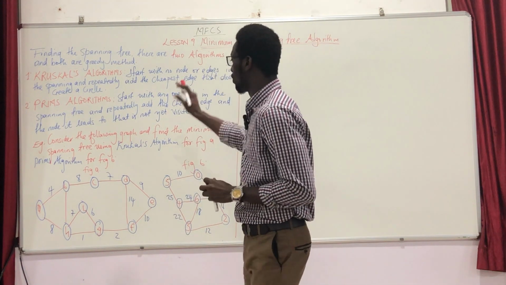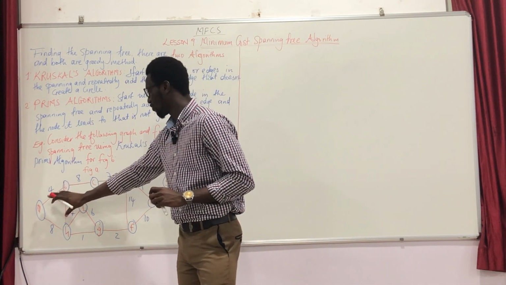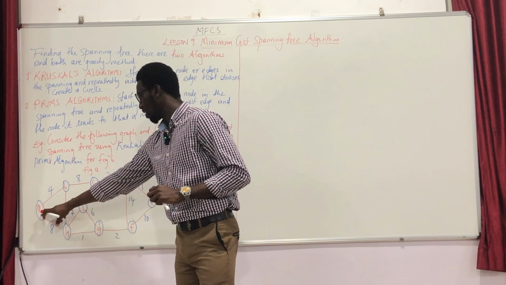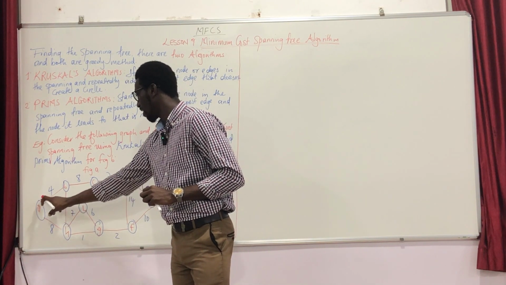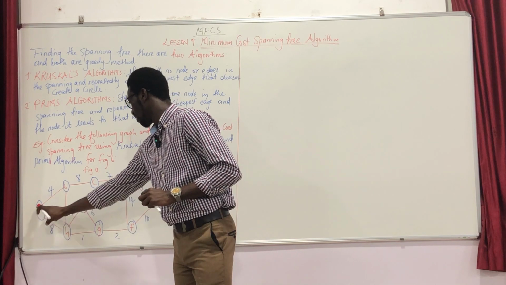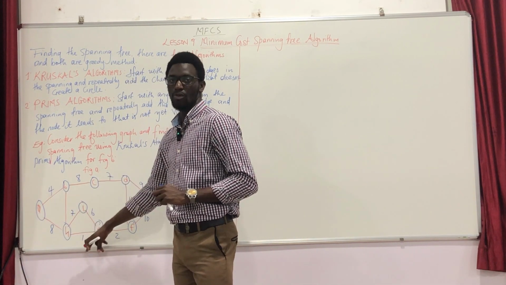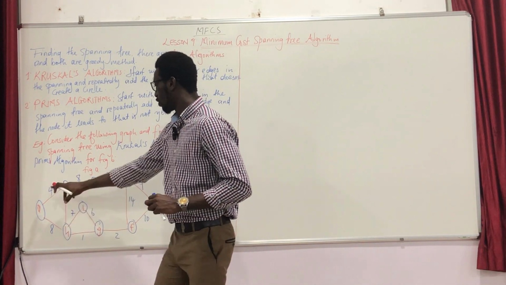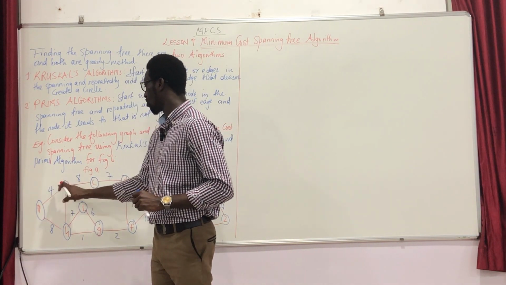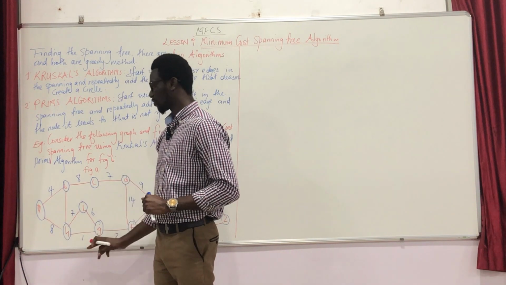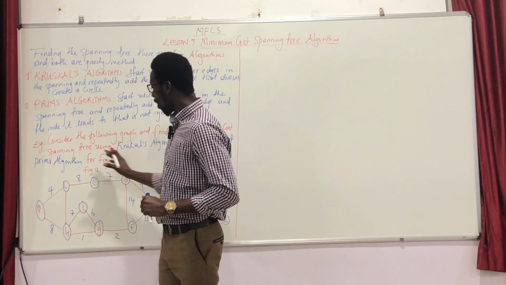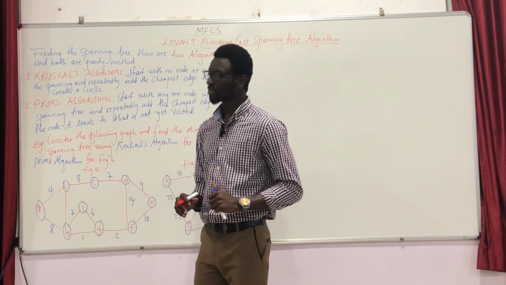So you can just start with, for example, A on this figure. You compare A to B and A to H, and the minimum cost is 4. So your path will be A to B. You ignore the other for the meantime, but make sure all the nodes are visited.